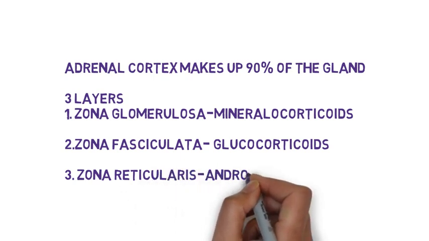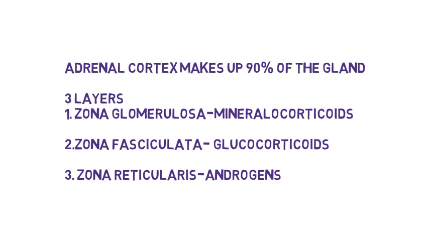And this is often referred to as salt sugar sacs to remember what the adrenal cortex produces. The adrenal medulla, on the other hand, has two cell types. It has the adrenaline secreting cells, making up the vast majority, 80% of the adrenal medulla, and it has the noradrenaline secreting cells, which make up 20%.